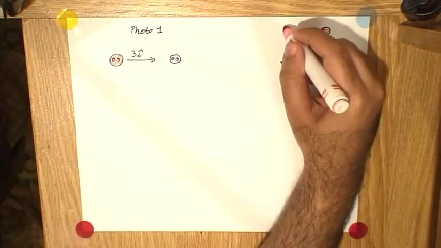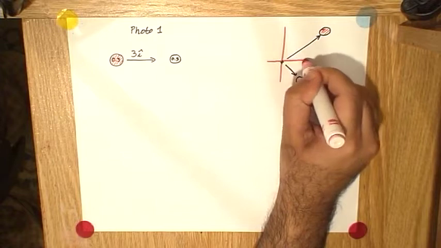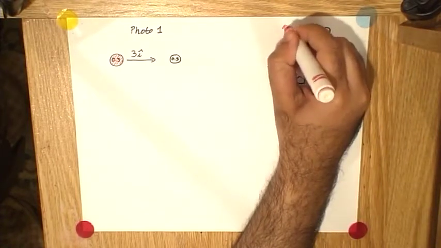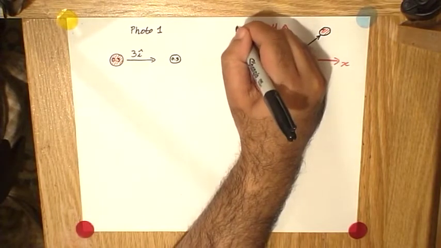Now, I'm going to set my origin and axes as follows. This is going to be my photo 2.